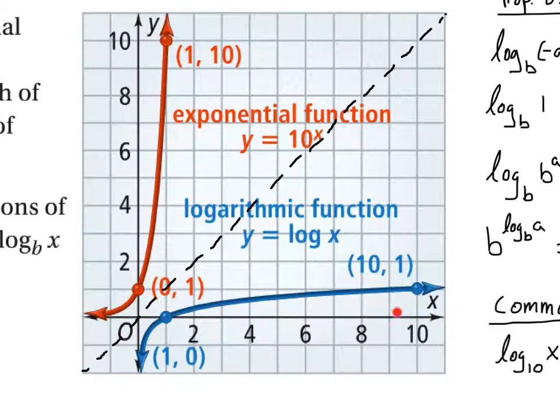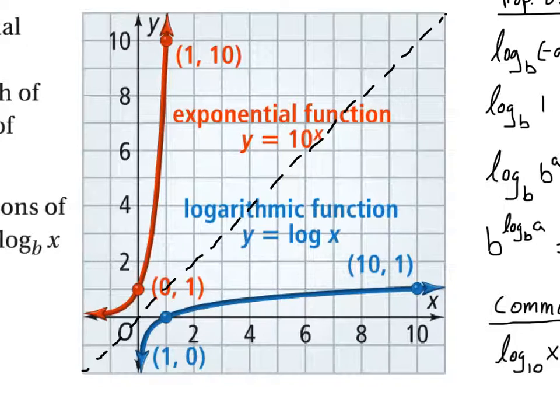If I were to fold that across this reflection line, I would get the positive y-axis. So what it's telling us is that if the x-axis is our asymptote for an exponential function, then the y-axis is the asymptote for a logarithmic function.